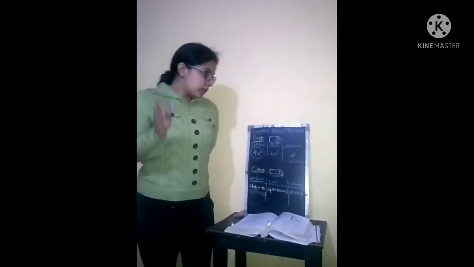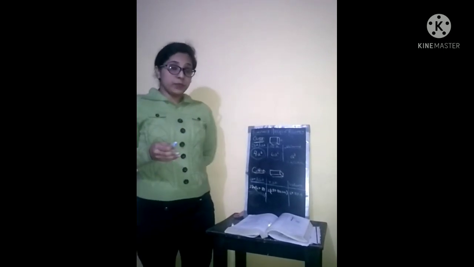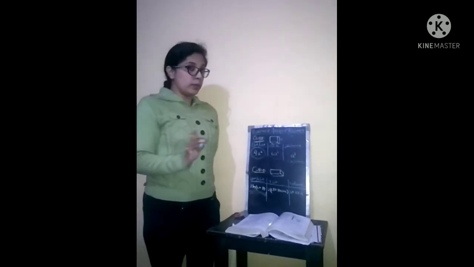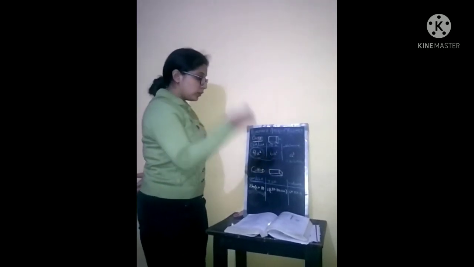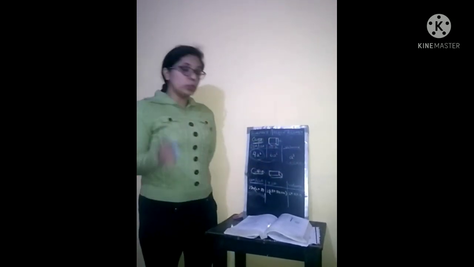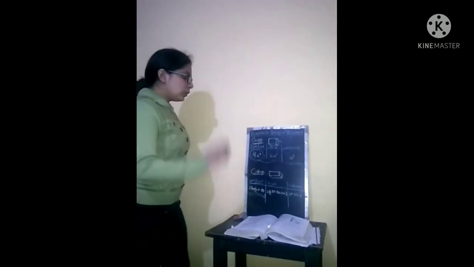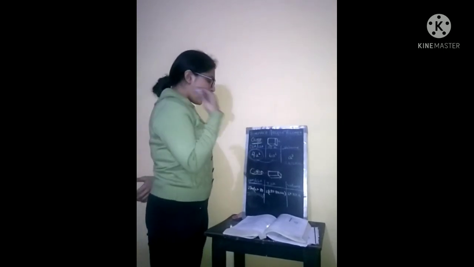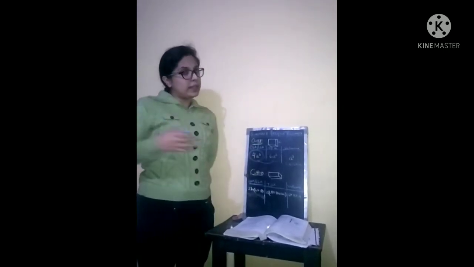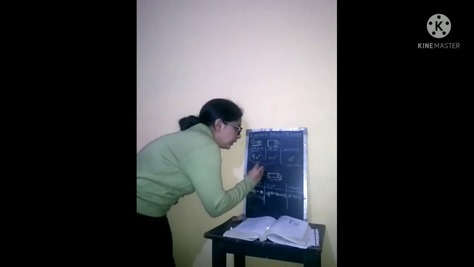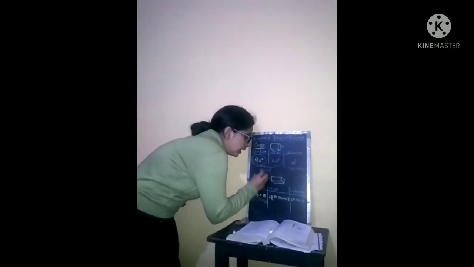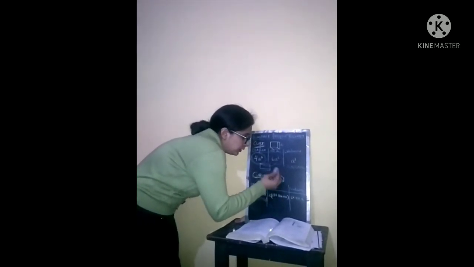Another thing: here I'm talking about the surface area, and here I'm talking about the volume. If you find out the surface area of anything like a cube, cuboid or any other shape, after getting your answer you will write the unit.